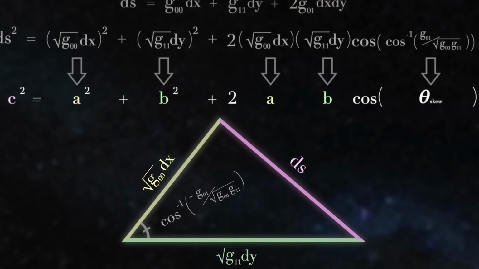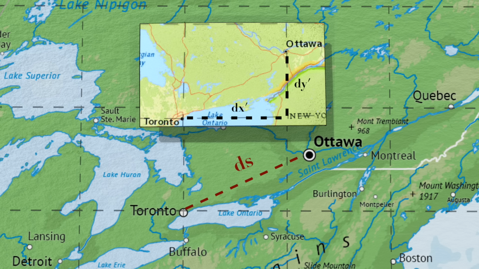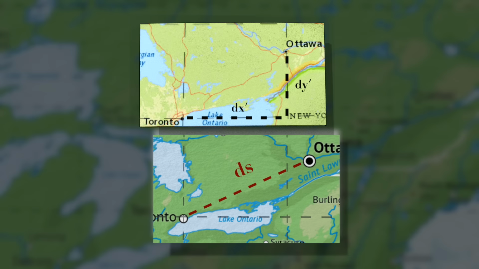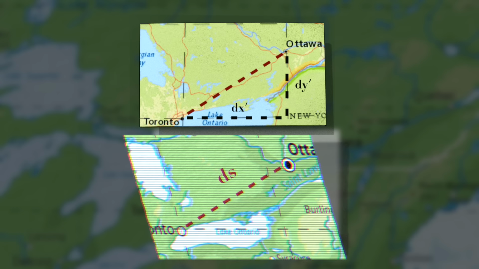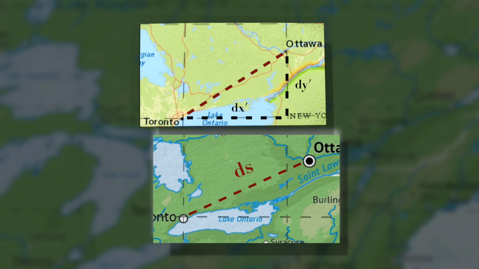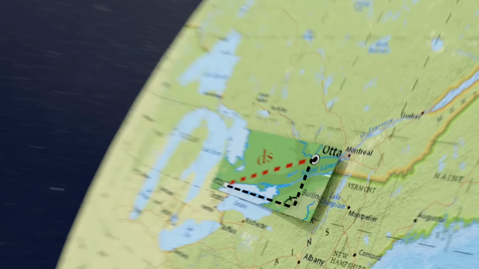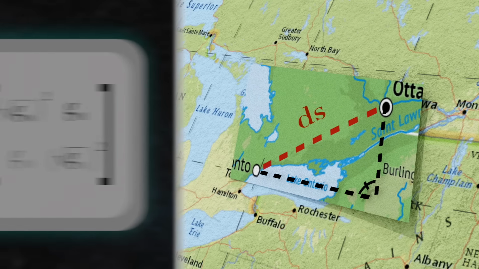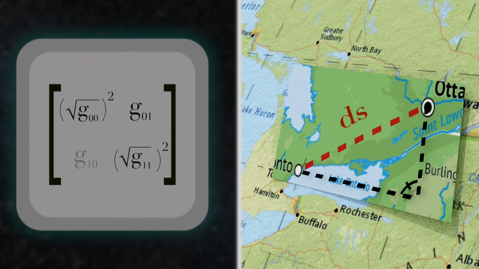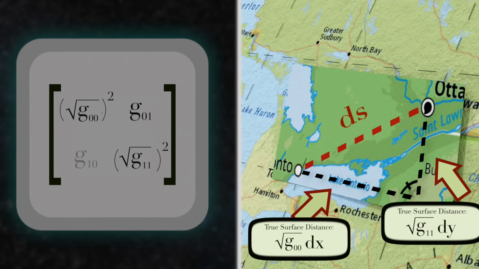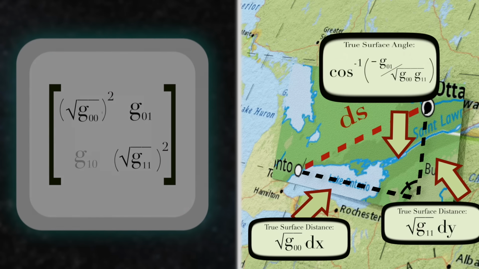Visually, this makes sense because if instead of transforming a piece of the surface to fit to the map, we transform a piece of the map to fit to the surface, the right triangle formed by the map intervals dx by dy becomes an obtuse or acute triangle. This resizing means the lengths of the map intervals are stretched or shrunk by the square root of the value of the metric tensor's diagonal components, while the angle between the intervals is skewed by an amount determined via the off-diagonal component.